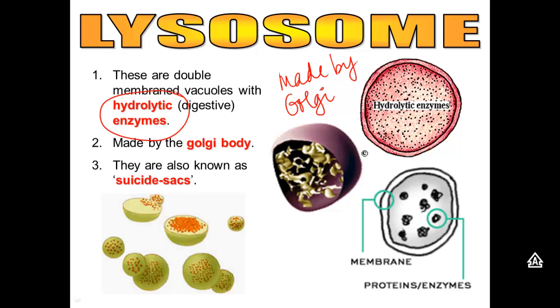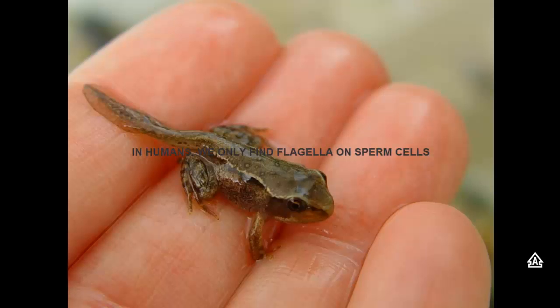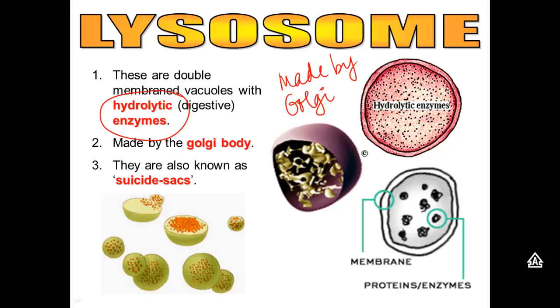A great example of that is during development when a frog tadpole is turning into a frog. The molecules that make up the tail of the fish-like tadpole get transformed into the molecules that are needed to make up the feet of the frog.